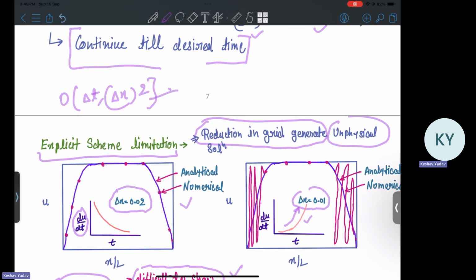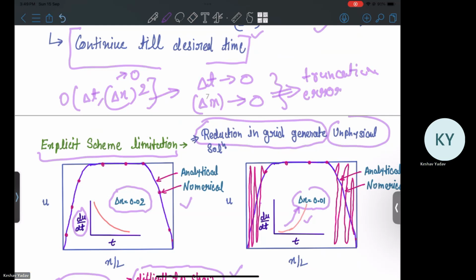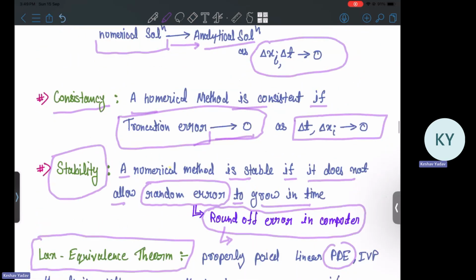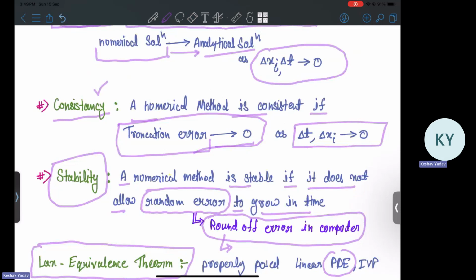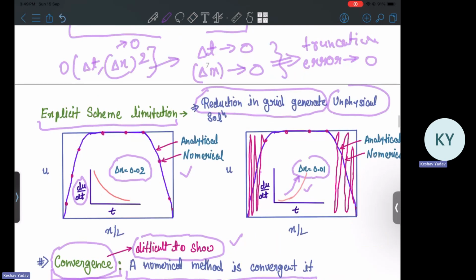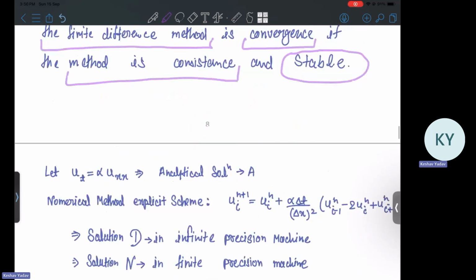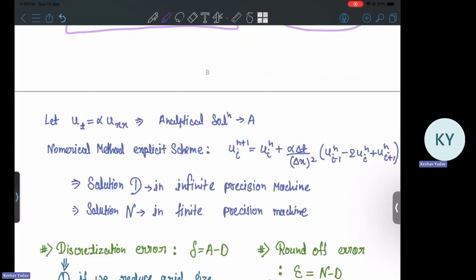So if I move delta t to 0 and delta x to 0, this order moves to 0, meaning the truncation error will go to 0. This means the explicit scheme is consistent. Now we'll check the stability of this explicit scheme, since maybe due to that we see this unphysical oscillation near the walls, near the boundary. So now we'll see that.